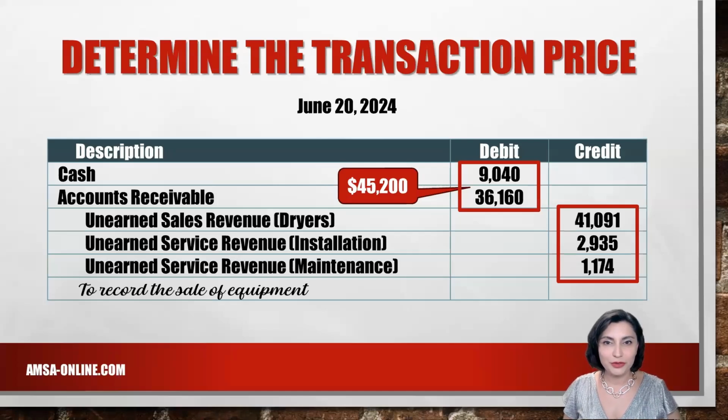Unearned service revenue, installation, is credited by $2,935. And unearned service revenue, maintenance, is credited by $1,174. Note that the total of credits is $45,200. Always make sure that total debits equal total credits.